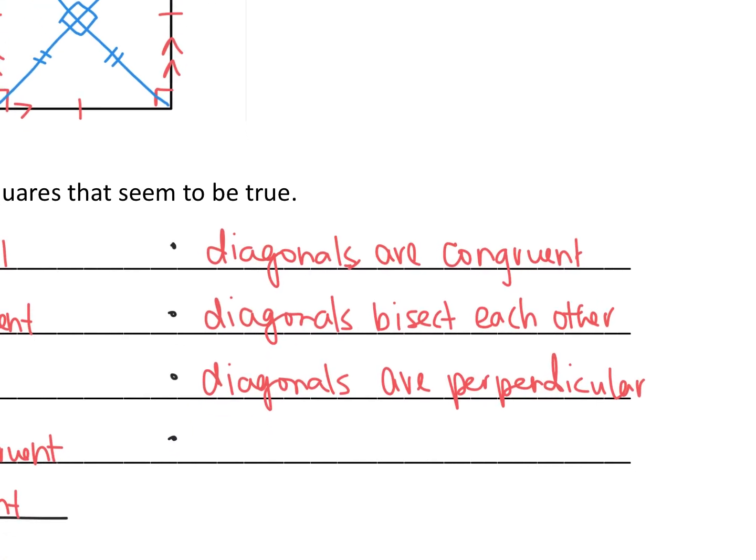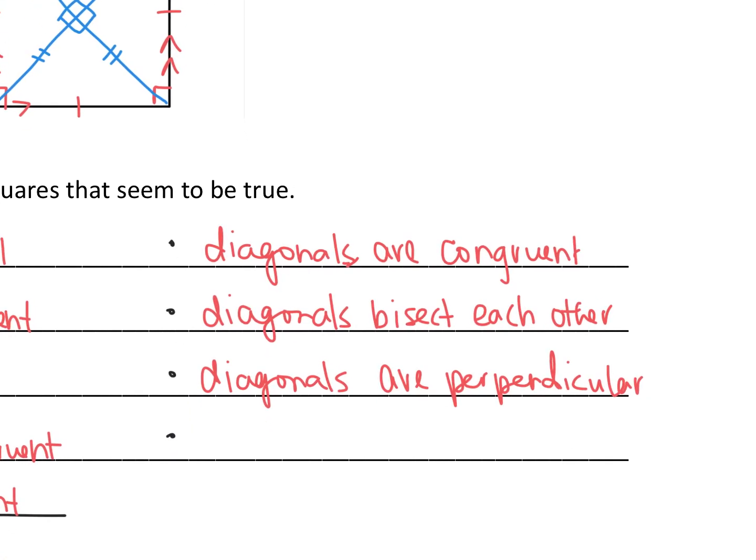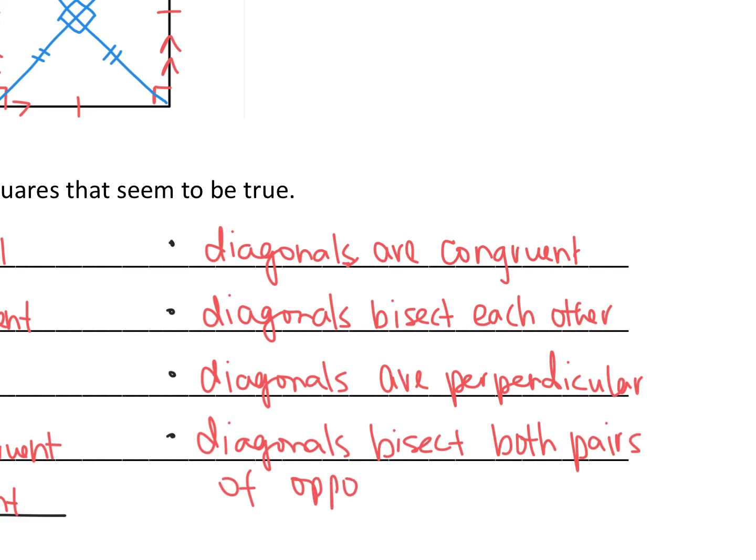Okay, and our final property for diagonals is that in the corners, at the opposite angles, the diagonals bisect both pairs of opposite angles. Diagonals, I think that happened with a rhombus. Bisect both pairs of opposite angles.